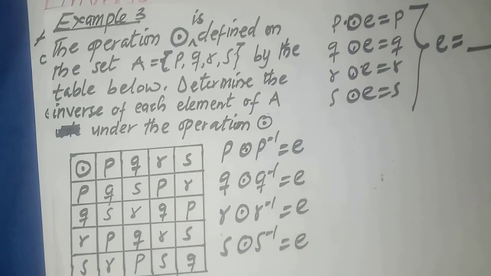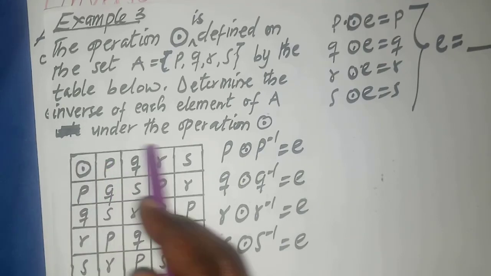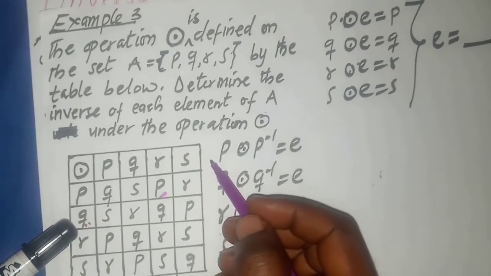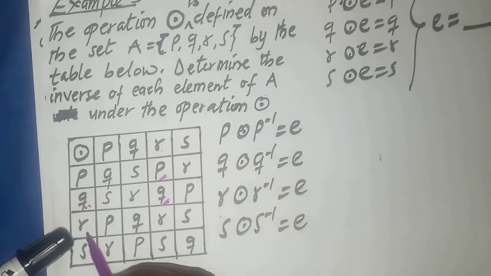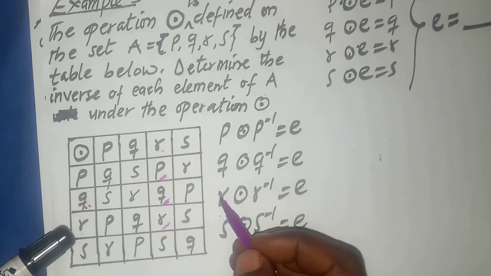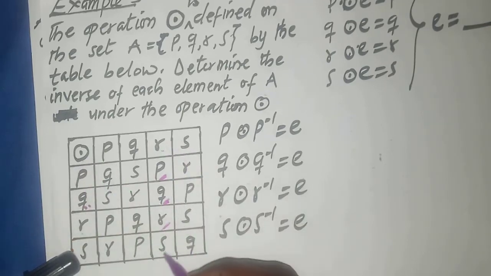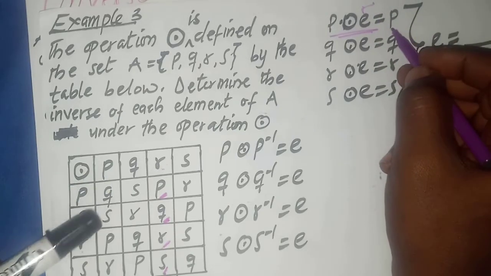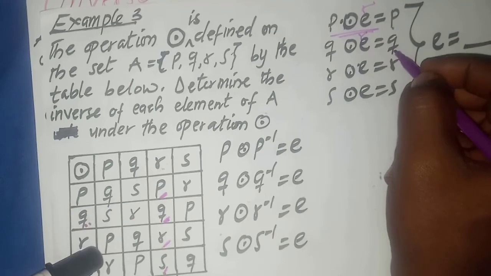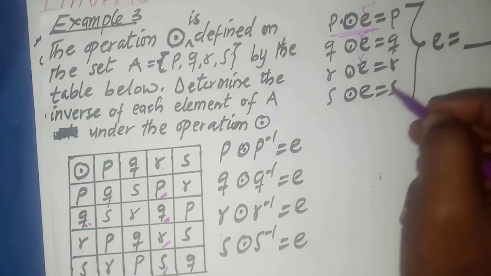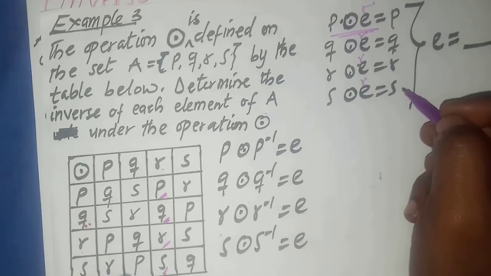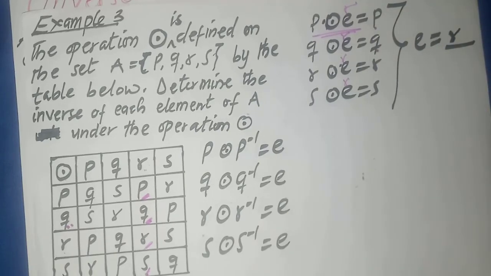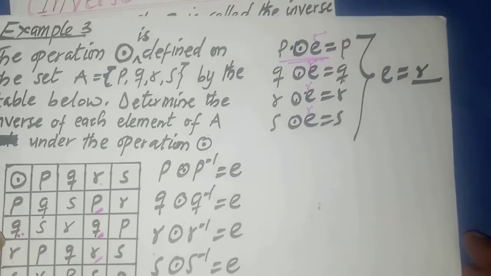When you look at the table, you see that P operation R is giving us P. Q operation R is giving us that same Q. R operation R is giving us the same R, and S operation R is giving us S. Which means our identity element is R.